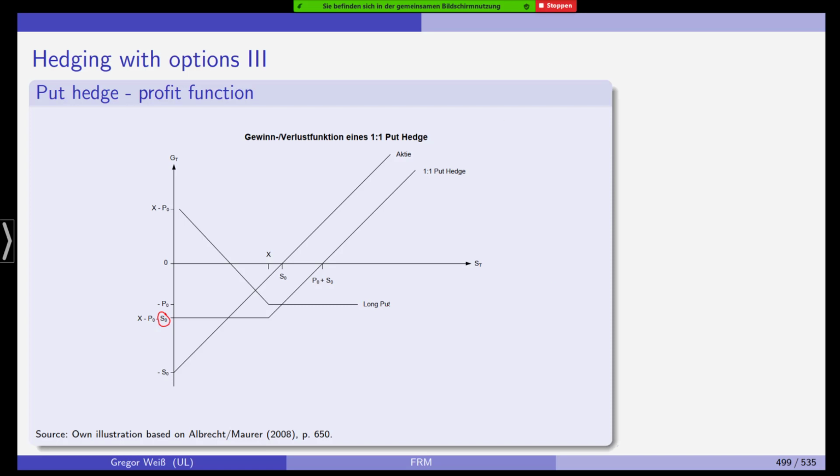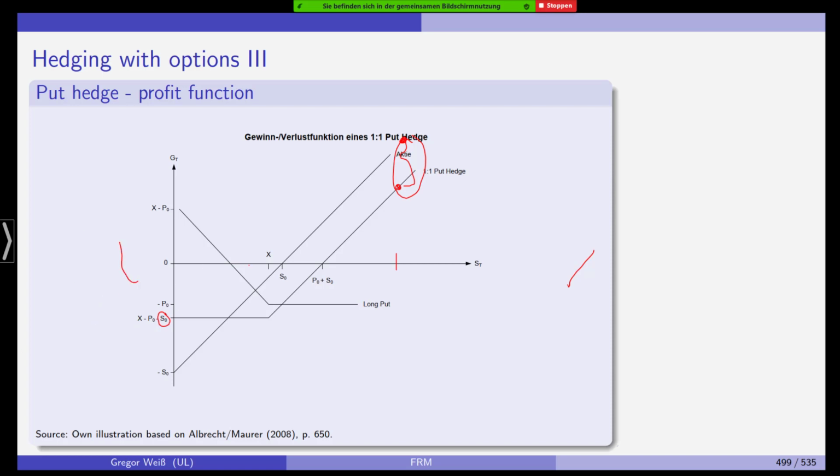That is, for example, here, if the stock price goes up, with the one-to-one put hedge, you will get this profit. If you didn't enter the put contract, you would get this profit. So this is actually the cost of the hedge. So that's the price you have to pay to be safe in this region here.